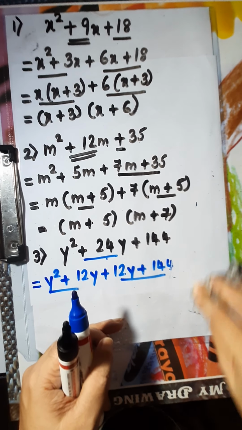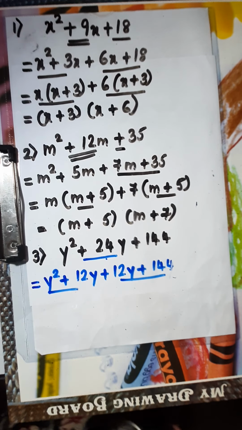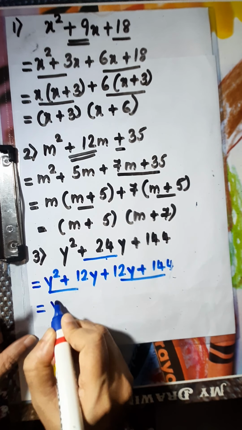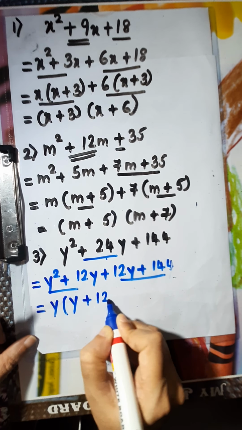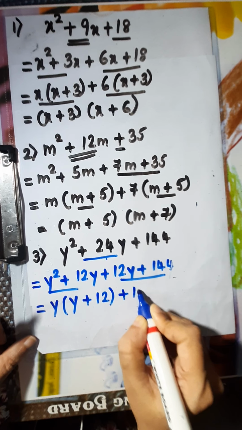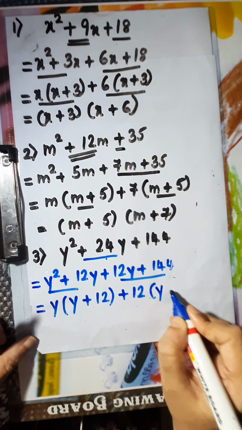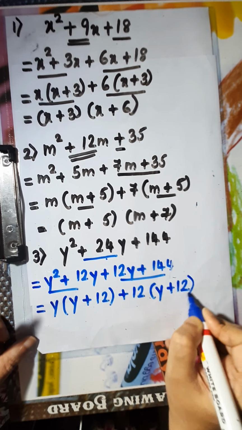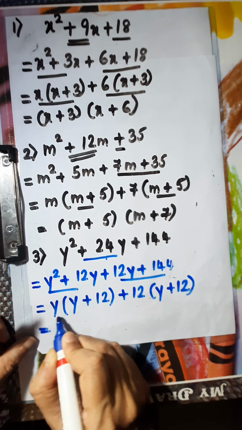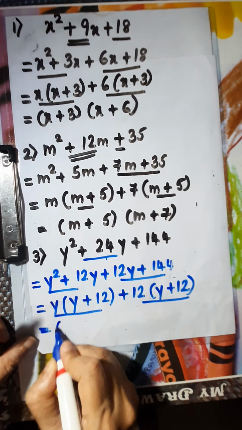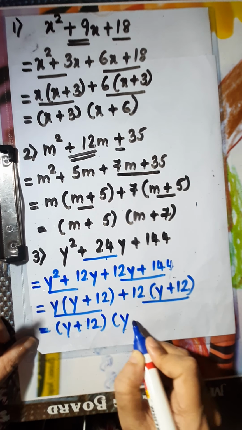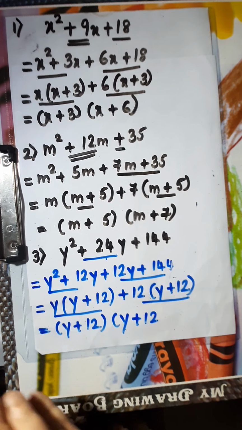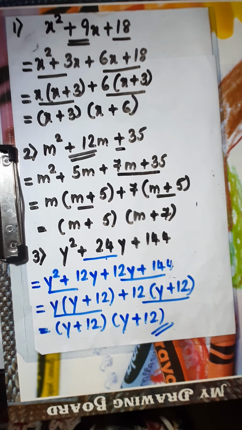Right? Okay. So, can I remove y common? What is left behind? Y plus 12. Plus 12 common. Y plus 12. What are my factors? So these are my factors. Is that clear? Is it very clear how I did this?